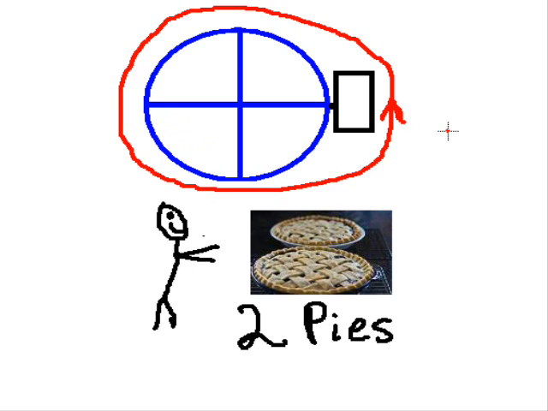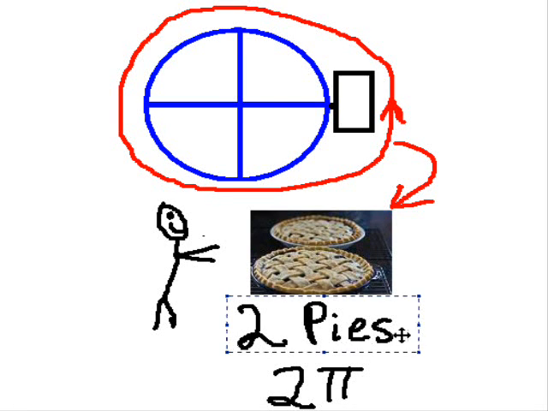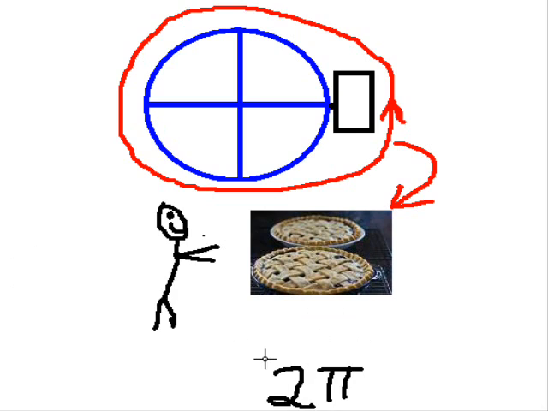One complete revolution around the circle gets Billy 2 pies. Billy now abbreviates 2 pies to be 2 pi. And that's what Billy now associates with one revolution around the circle. 2 pies.